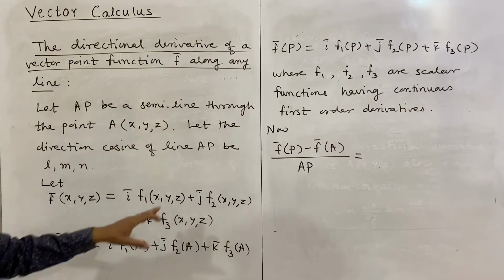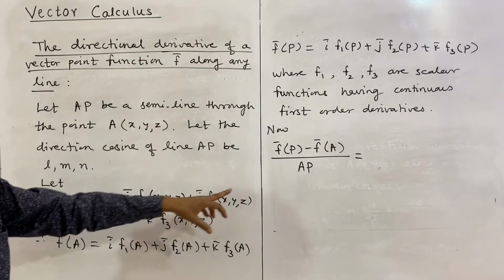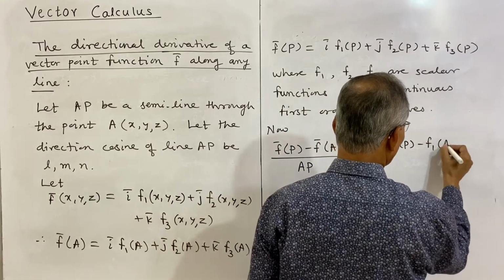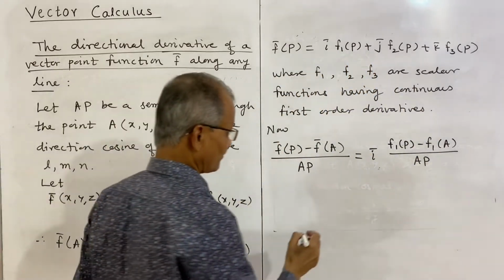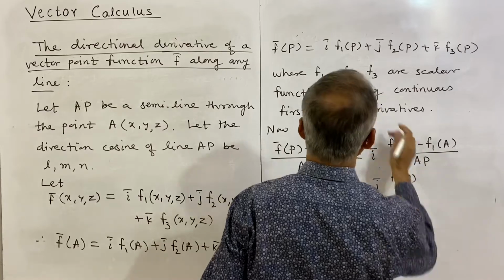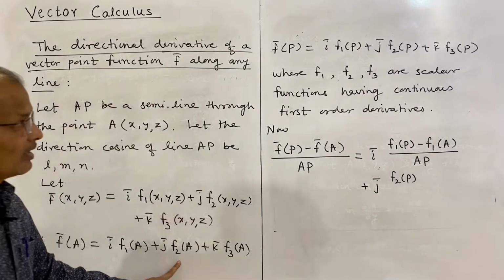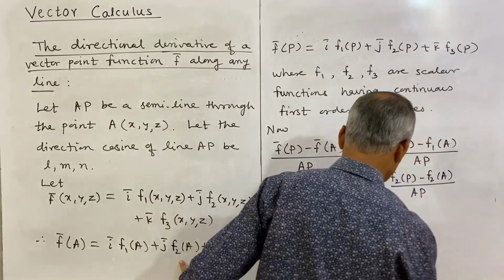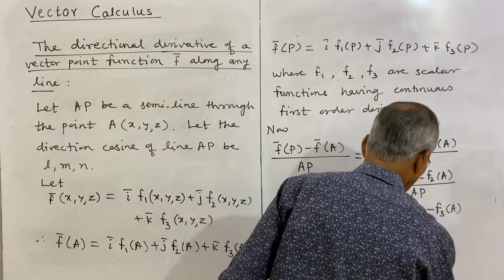This subtraction will be component wise: i times f1 at P minus f1 at A divided by AP, so that is the subtraction of the i component, plus j times f2 at P minus f2 at A divided by AP, since we are subtracting f bar A from f bar P, plus k times f3 at P minus f3 at A divided by AP.